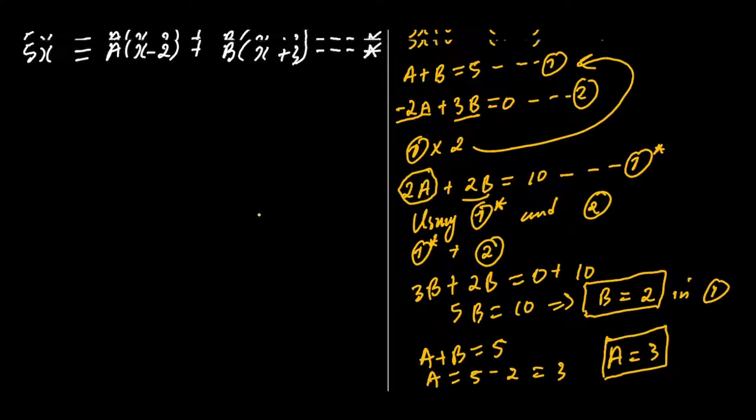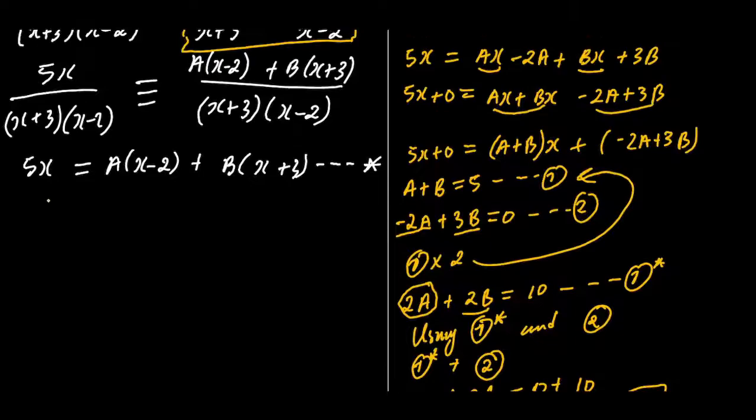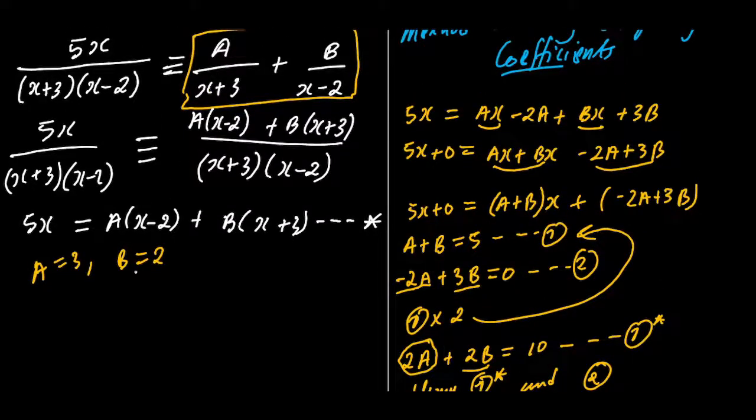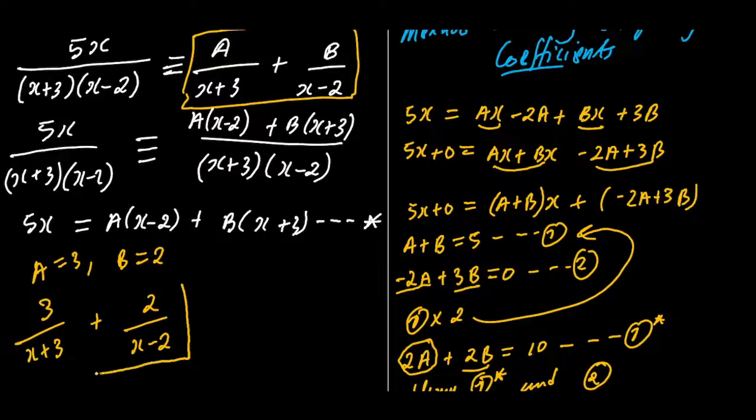Good. Having A to be 3 and B to be 2, if we substitute in our original fraction, we're going to have 3 divided by x plus 3, plus 2 divided by x minus 2. So this gives us the partial fraction of the original expression.